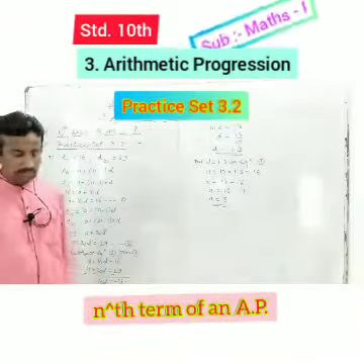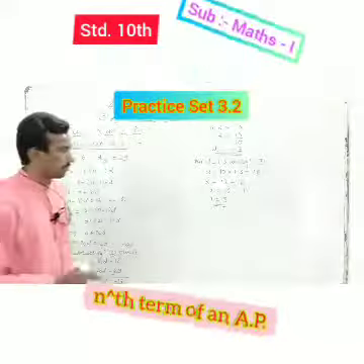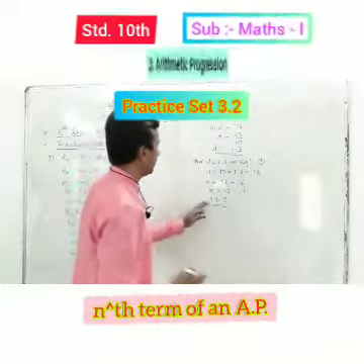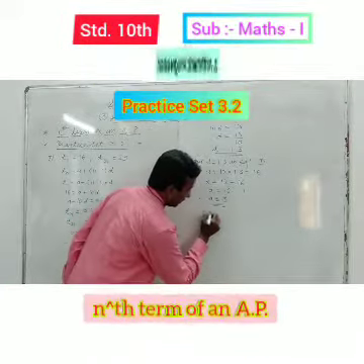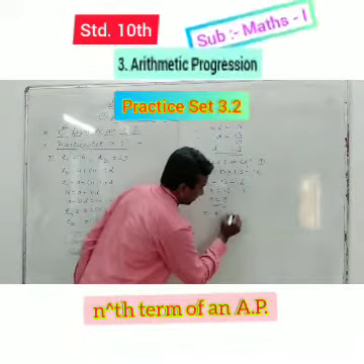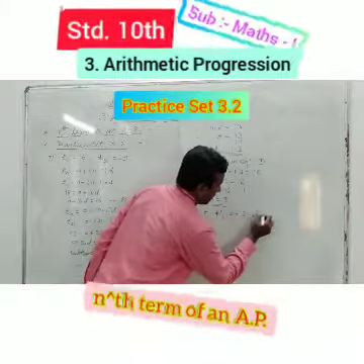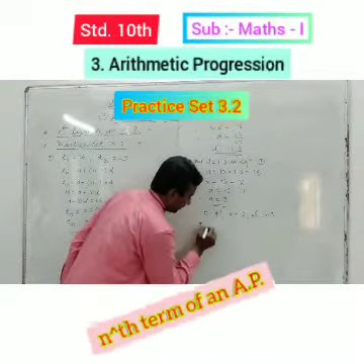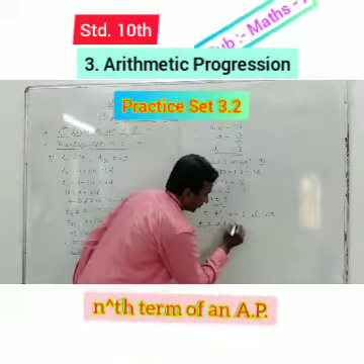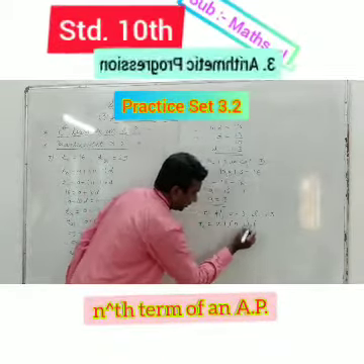Now, we have to find the 41st term of the AP. Now, we know the value of a and d and n also. n is equal to 41, a is equal to 3 and d is equal to 1.3. Now, we can find Tn is a plus n minus 1 into d.